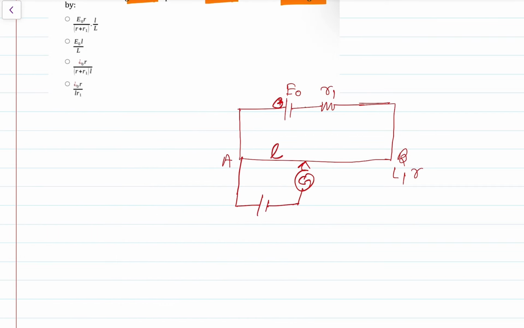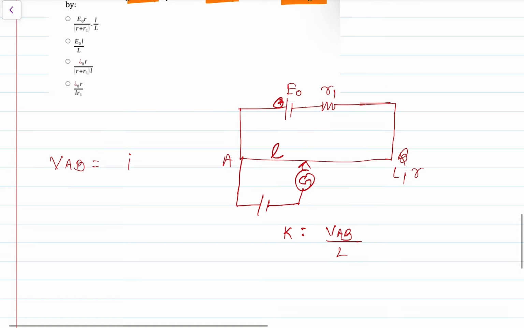So potential gradient, first we know that potential gradient is VAB by length. So VAB we need to find. So VAB is equal to, suppose we have to find I into here resistance of the AB wire. Okay, so let's find the current in the given circuit, which is potentiometer current.